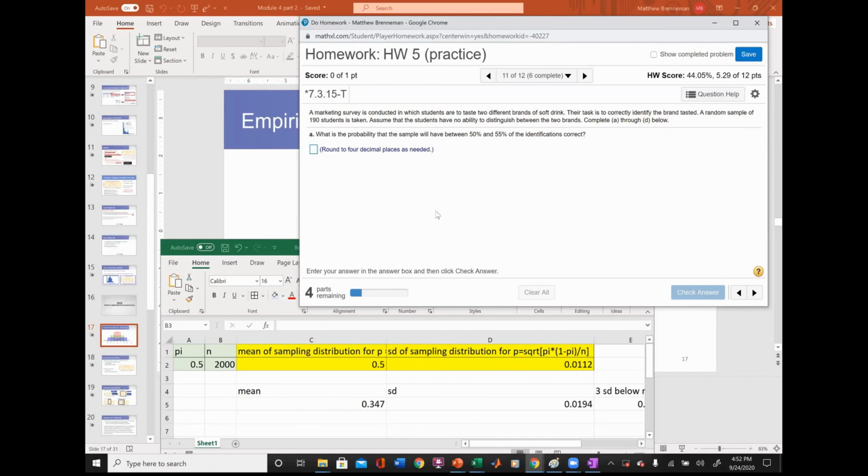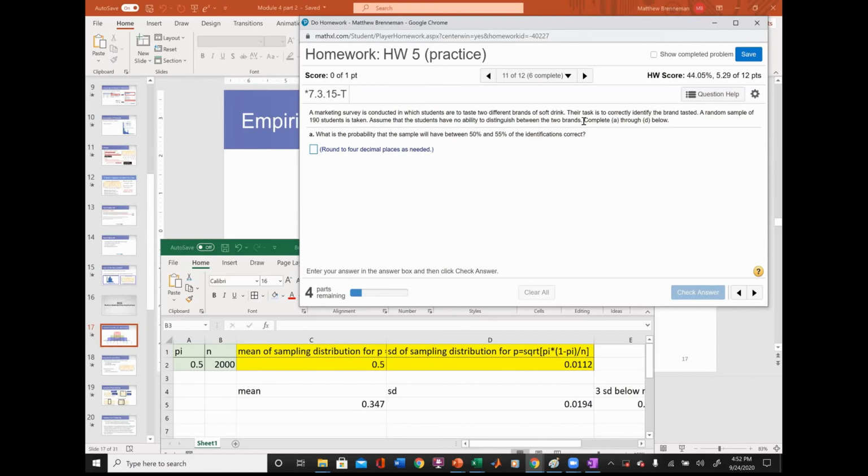They have to taste one and tell if it's Pepsi or Coke. Assuming the students have no ability to distinguish between the 2 brands, if we pick one brand, say Pepsi, the probability the person is going to get Pepsi correctly is 50%.